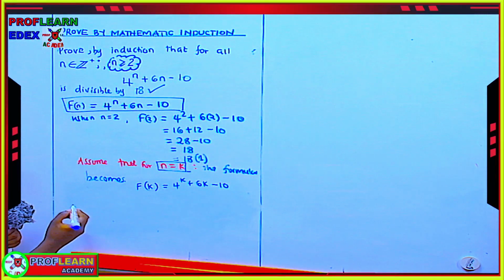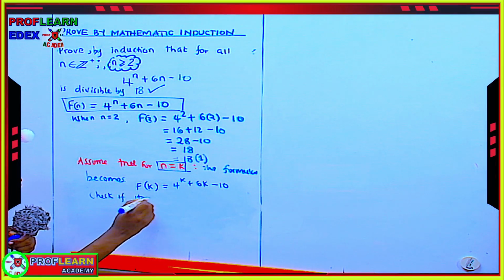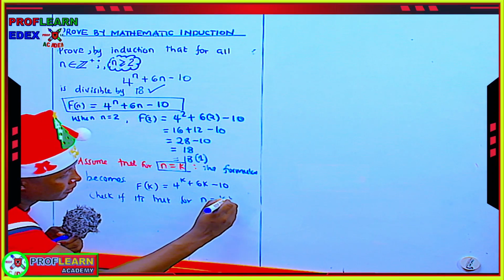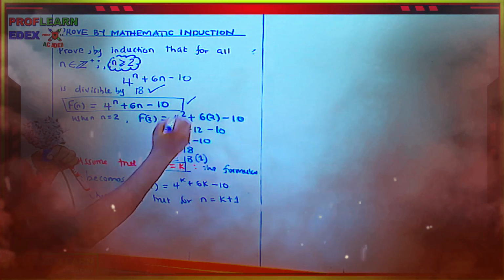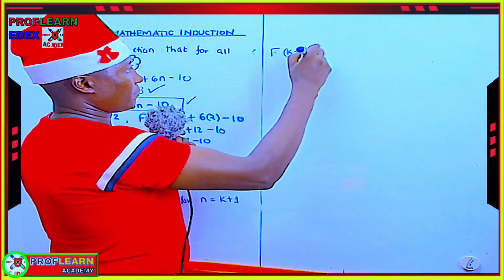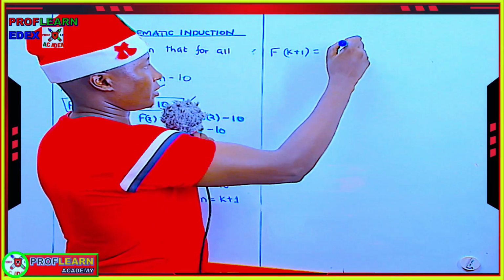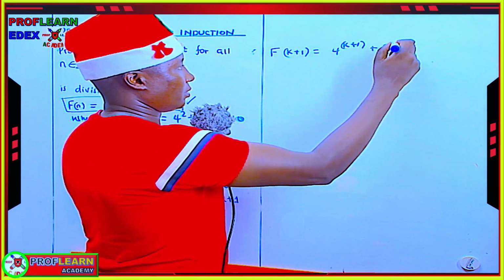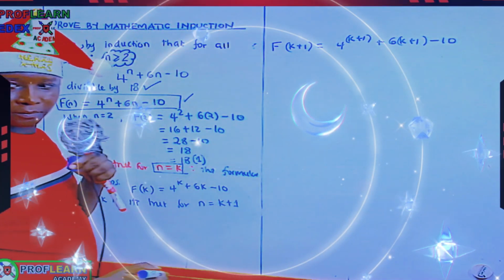So check if it's true for n equals to k plus 1. So I'm substituting this into this equation here. We shall have f of k plus 1 equals to 4 raised to k plus 1 plus 6 into k plus 1 then minus 10.